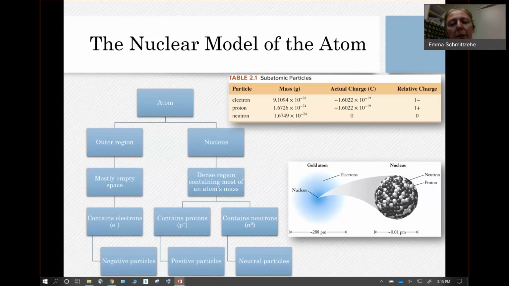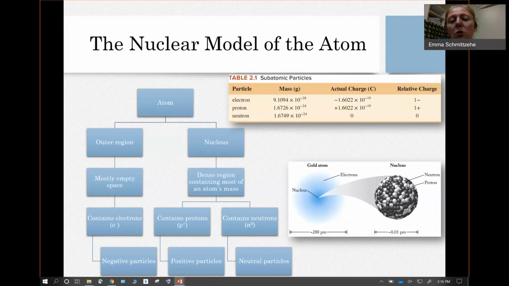But notice that these masses are given in grams, and they're tiny: 10 to the negative 28th, 10 to the negative 24th. That should make sense because atoms are so tiny we can't see them with our eyes, so the things that make up atoms are even smaller, with very small masses.